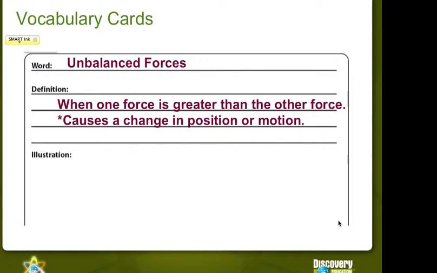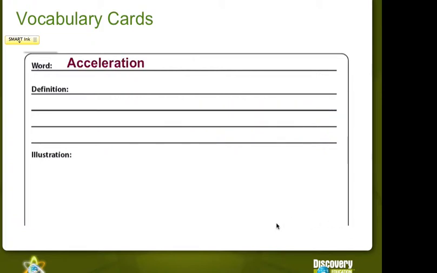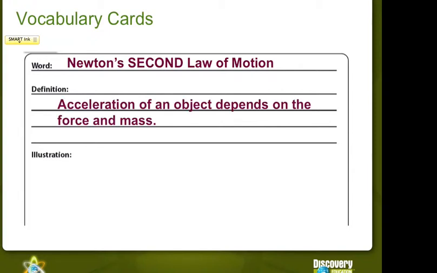Make sure you're writing the word down here. Acceleration. Acceleration is speeding up. Newton's second law of motion states acceleration of an object depends on force and mass. Speeding up of an object depends on force and mass.